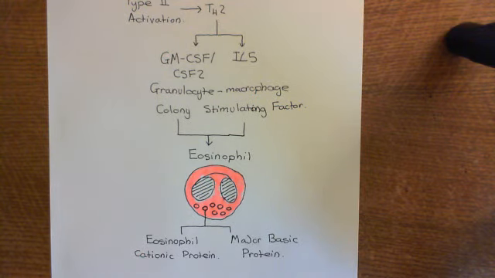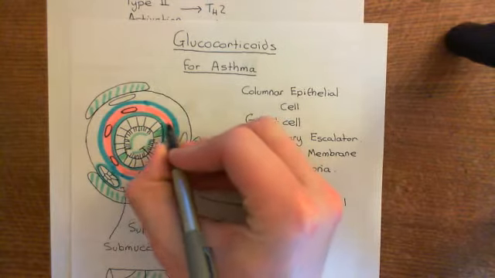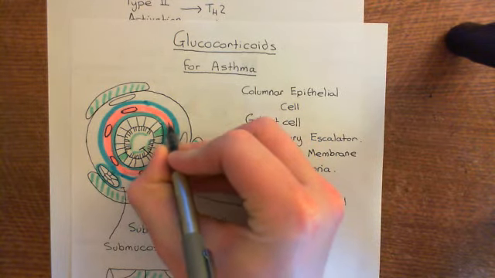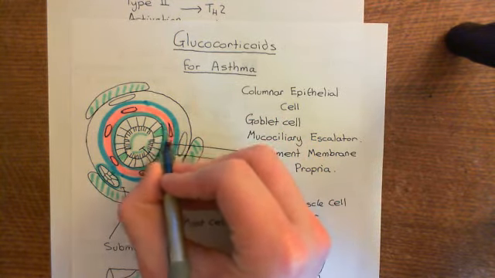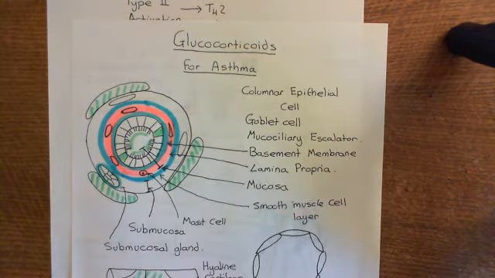Okay, and what this can gradually lead to is so much damage to the epithelium that neurons, sensory neurons within the lamina propria, okay, so let me show this. Let's put a sensory neuron in here. Sensory neurons in the lamina propria can end up exposed to the airway, basically.